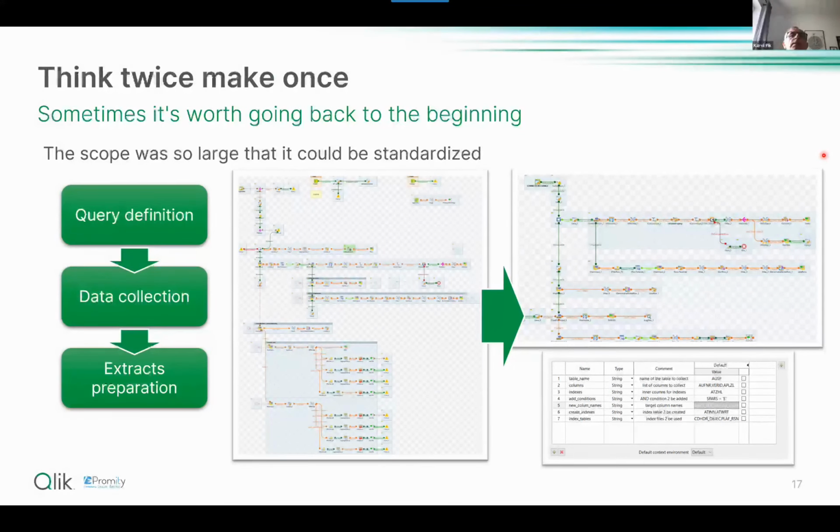The next step we did, and that was something which was mentioned in the previous presentations as well, we've decided to go for definition extracts. So all table names, column names, additional conditions have been extracted into variables, and they've been moved away from the job.